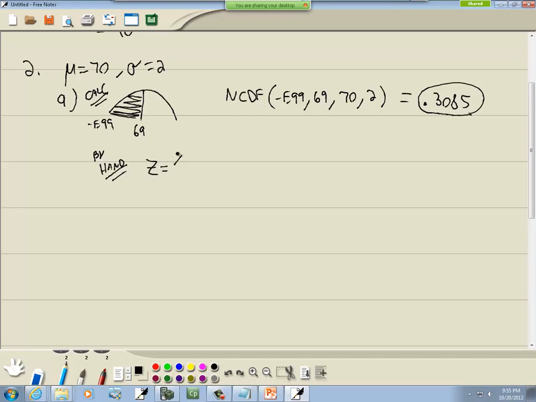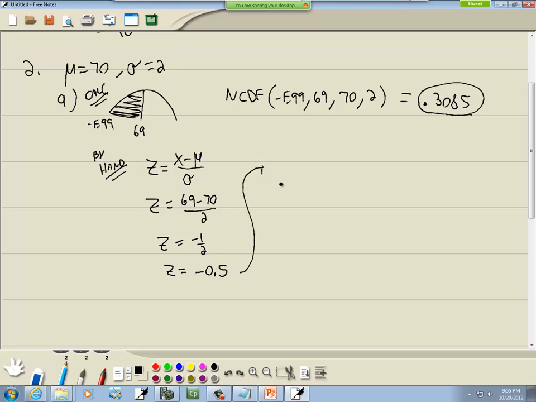So z is equal to x minus mu over sigma. So z is equal to x, which is 69, minus 70 over 2, or z is equal to negative 1/2, or negative 0.5.